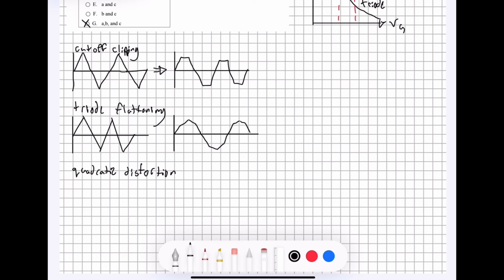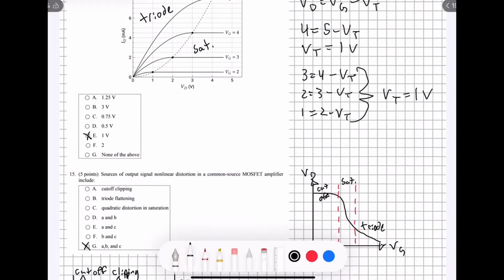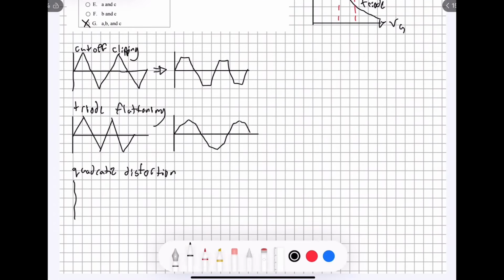So quadratic distortion is going to get you a wave that doesn't look quite, oh sorry, this is the original triangle one. But if your original triangle wave looks like that, quadratic distortion is going to get you a wave where the lines aren't exactly straight. They're a little rounded or a little strange looking. It's not exactly a linear relationship.